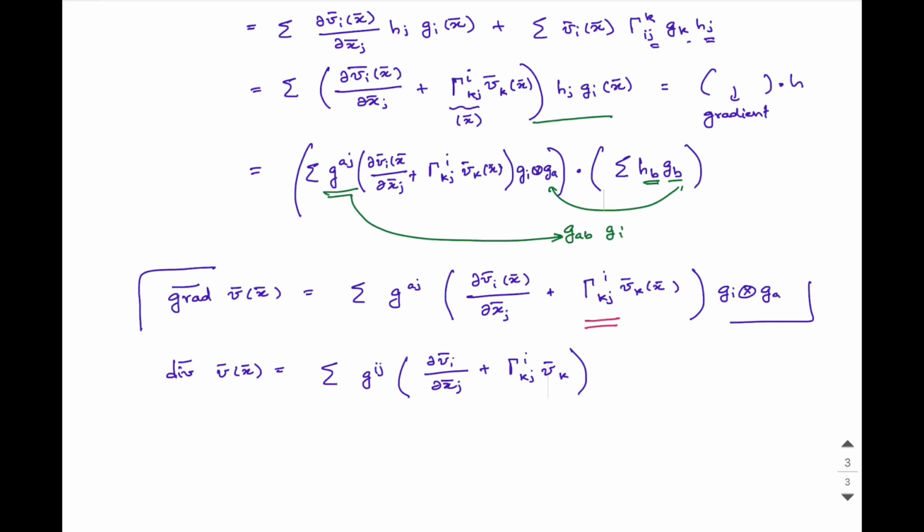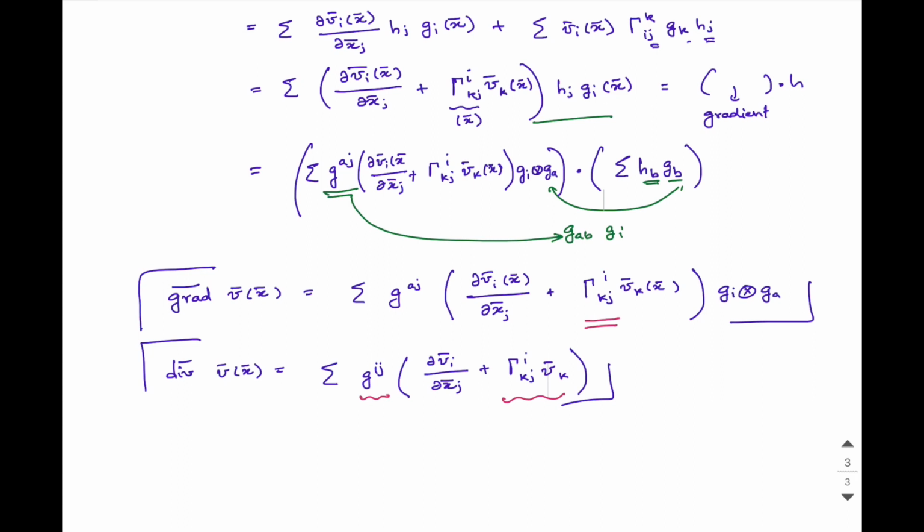Now this is the expression for the divergence of the vector field in curvilinear coordinates. Notice again that this expression is distinctly different from the expression in Cartesian coordinates, which was just summation partial v i by partial x i. But now you have all these additional terms and an extra prefactor, which is g superscript i j.